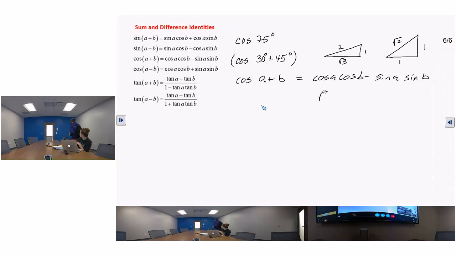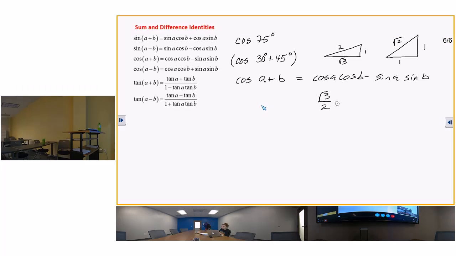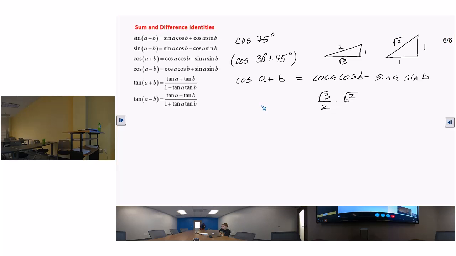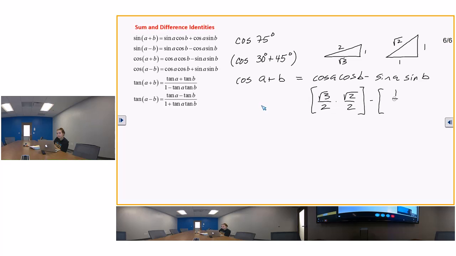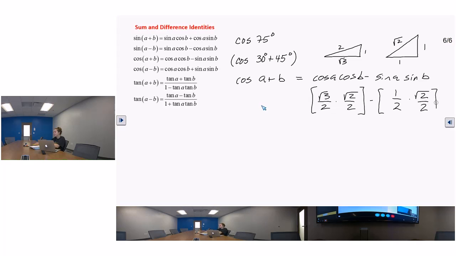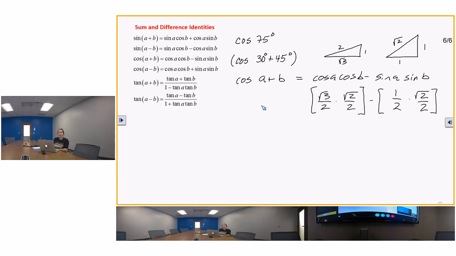Square root of 3 over 2. Square root of 2 over 2. Minus 1 over 2 times square root of 2 over 2. And now you should be able to finish it.